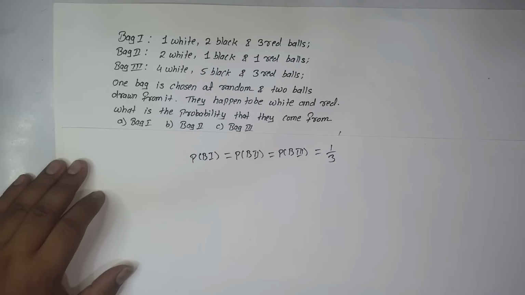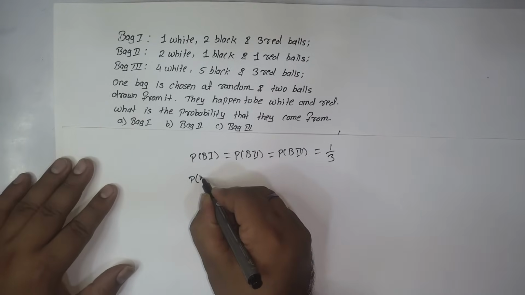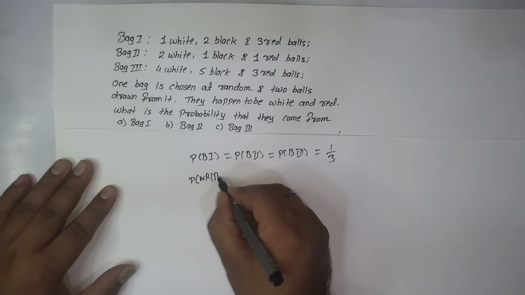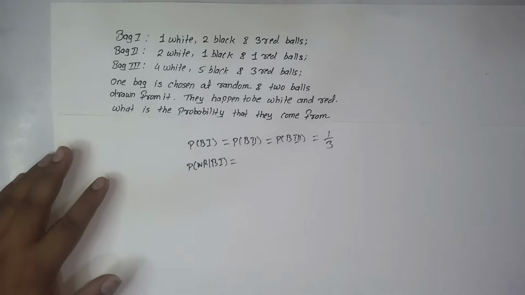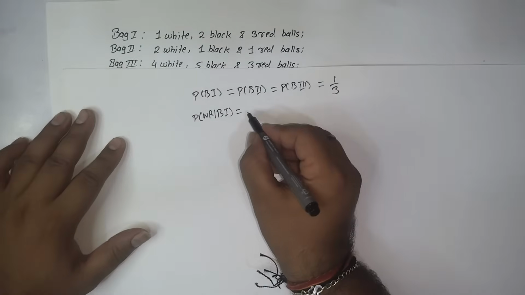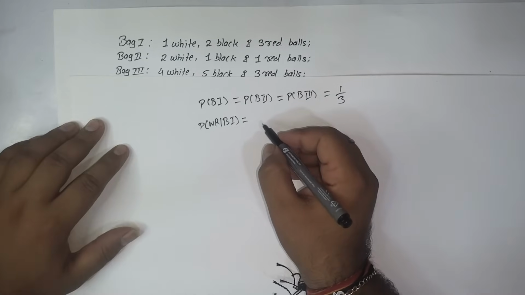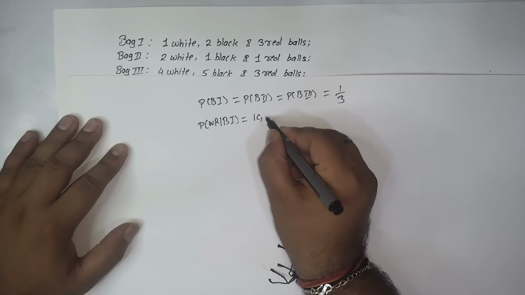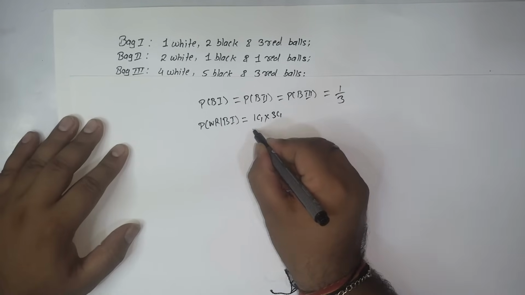One bag is chosen at random and 2 balls are drawn from it. They happen to be white and red. So the probability of white and red under bag 1 will be, now bag 1 contains only one white ball, so 1C1 multiplied with, bag 1 contains 3 red balls, 3C1.